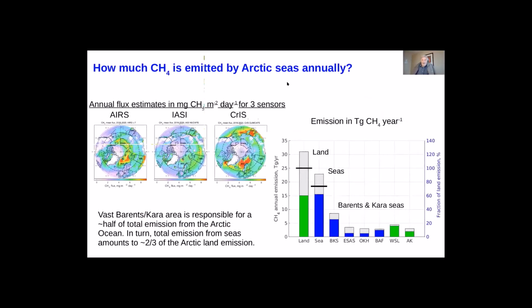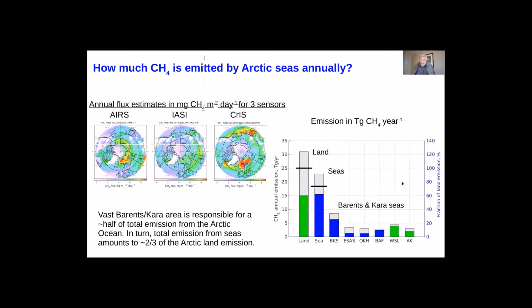How much methane is emitted by Arctic seas annually? We estimated it for 3 instruments, and the synopsis is here. Land emits 25 teragram per year. Total Arctic seas emit 2/3 of that, and Barents and Kara seas contribute approximately half of methane in the seas emissions.